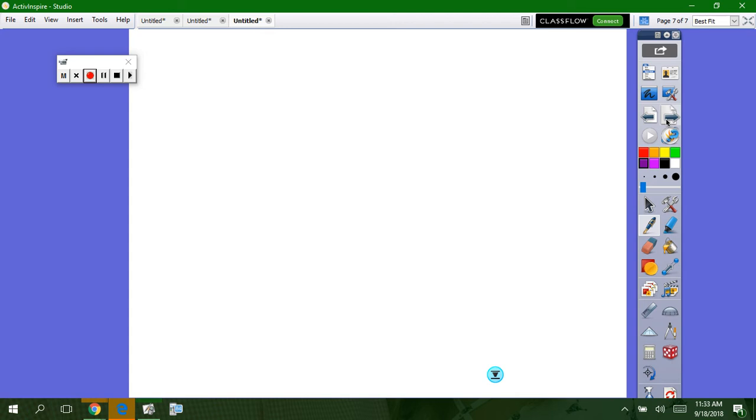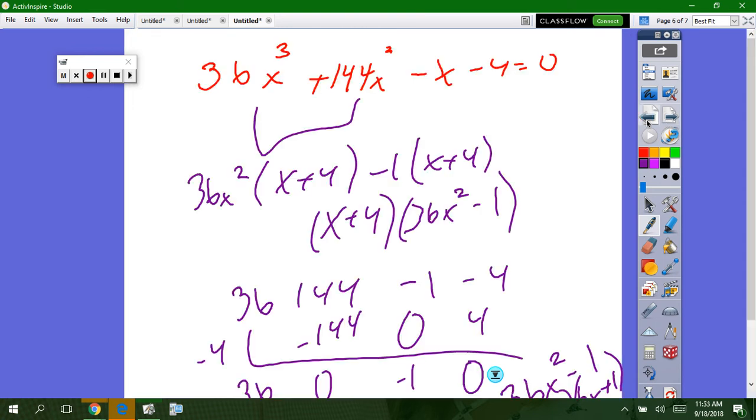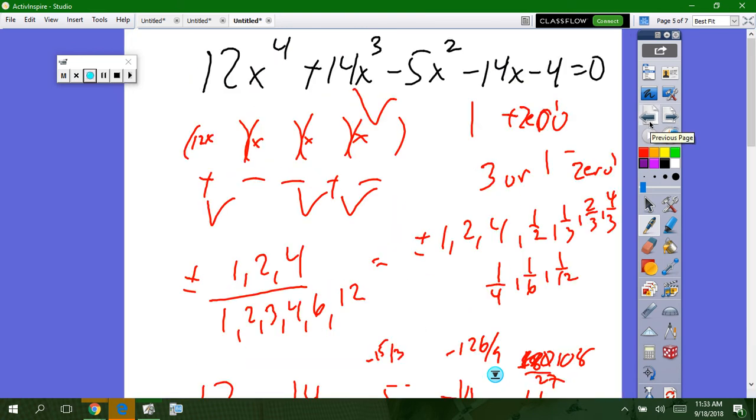I hope not. It won't be bad. Like the one I did last year had 15 choices. But they were actually pretty easy because I would talk to people about, oh, you should always check one of these. Like one of them they should have checked was a third, and they never checked any of the fractions. Does everybody understand how we talked about on this 12, that one of them has to be one of these guys?